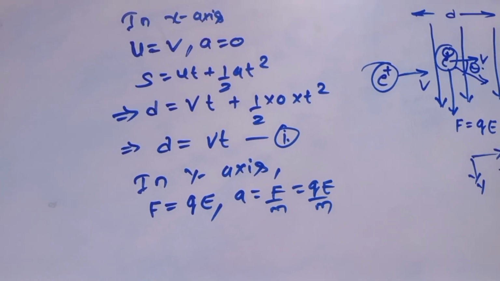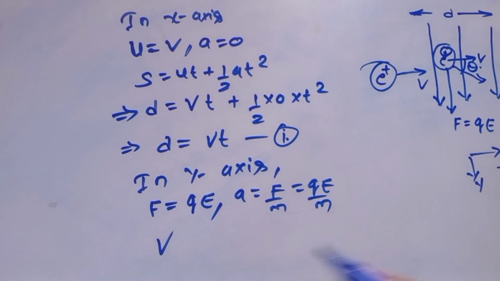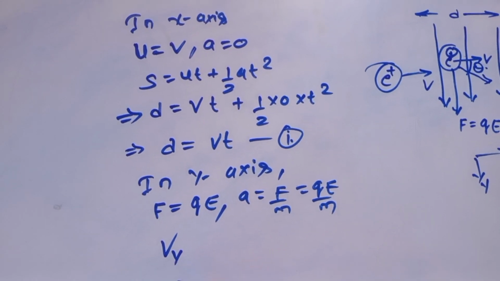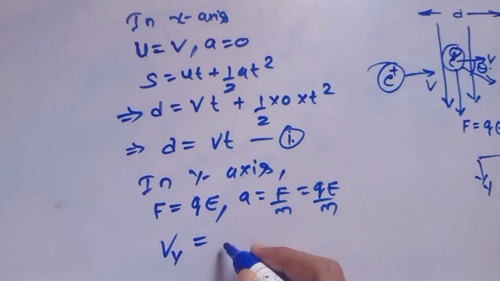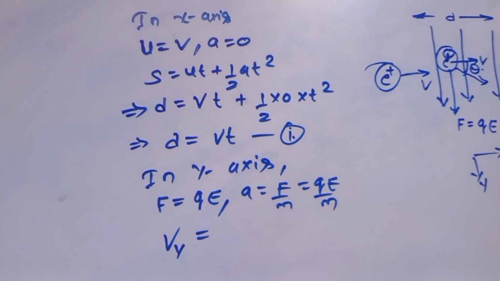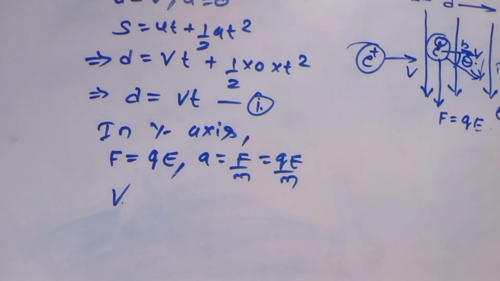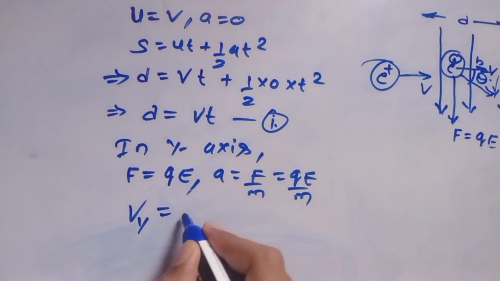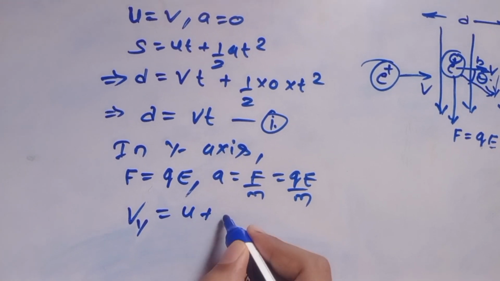Now we calculate velocity in the y-axis. For this we apply the formula v equal to u plus at.